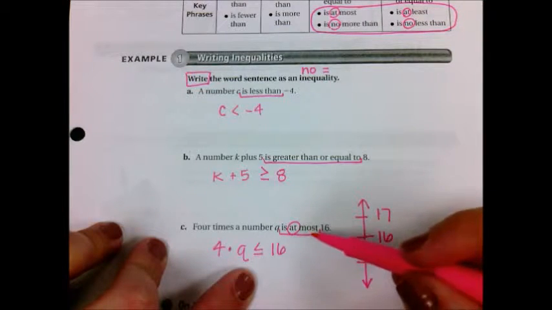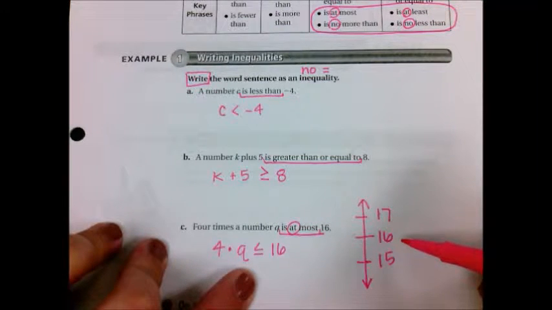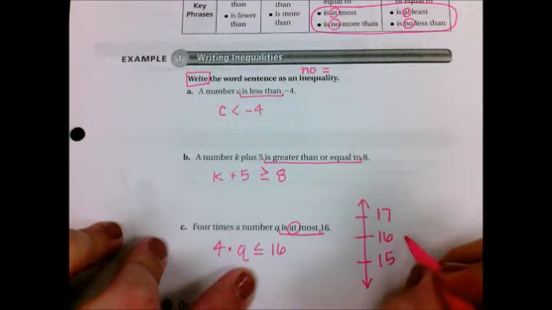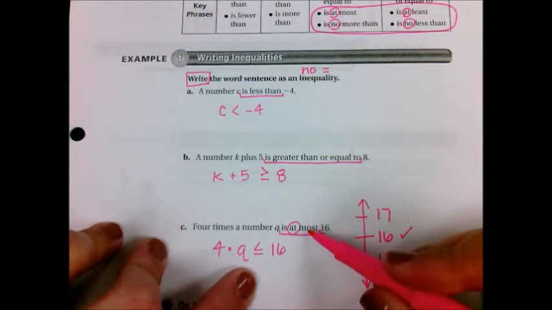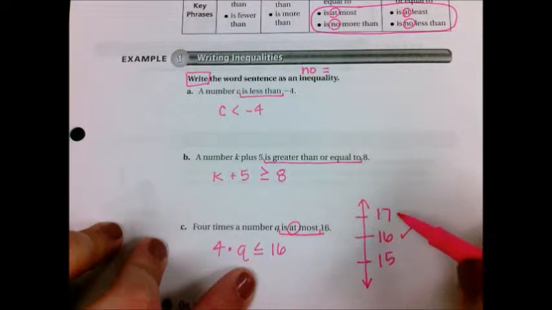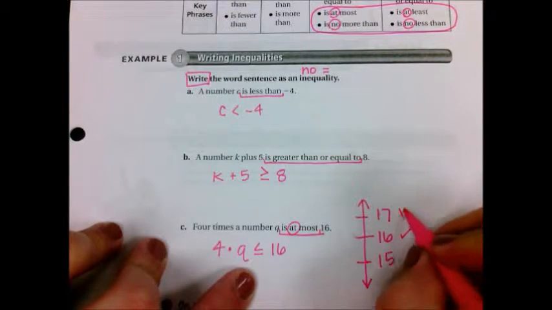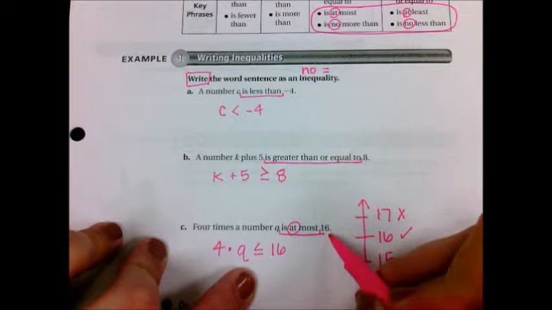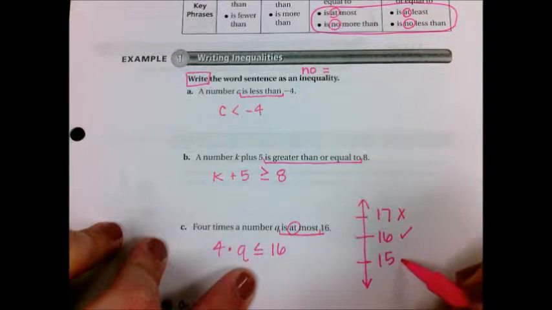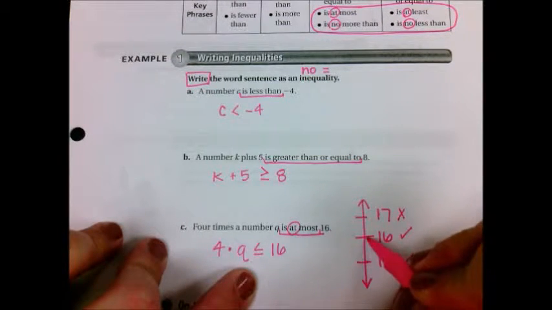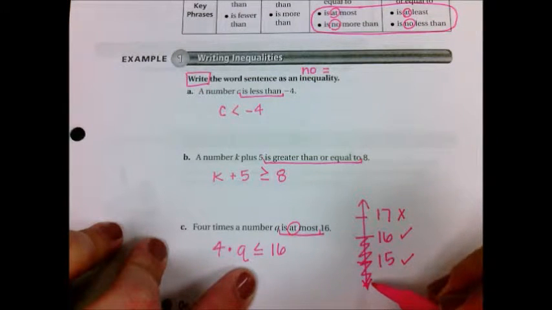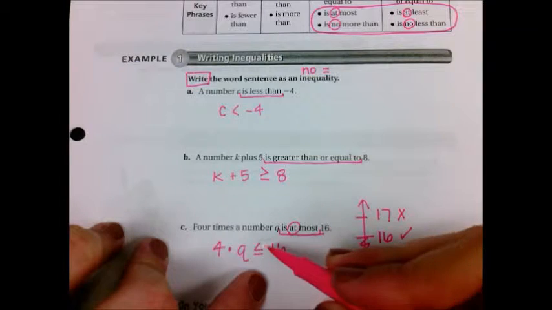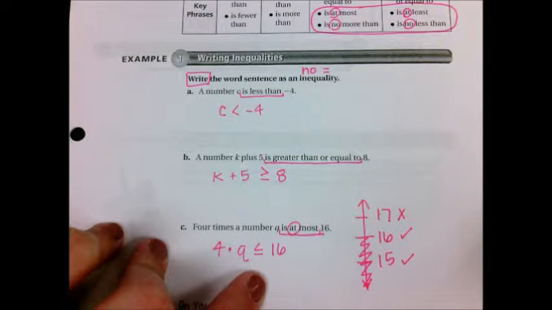If it's at most 16, can I have 16? Well, yes, it could be 16. If at most I can have 16, then can I have 17? No. If the most I can have is 16, could I have 15? Yes. So I actually want the numbers that are less than 16 or equal to 16, which is why we're writing the less than or equal to sign.